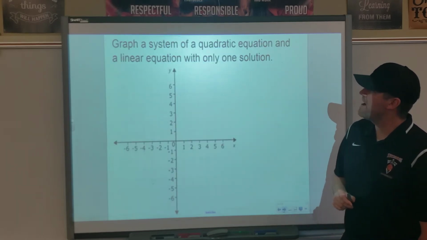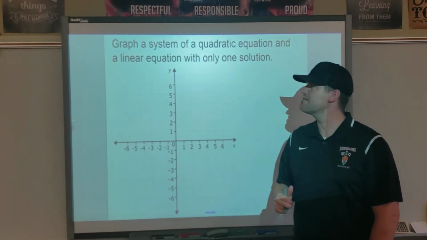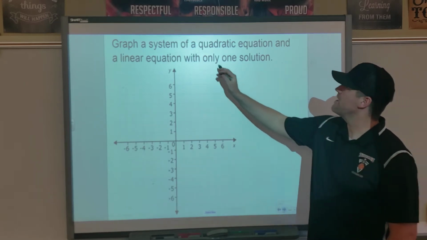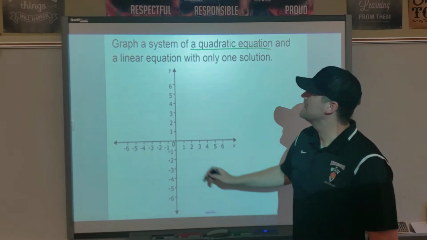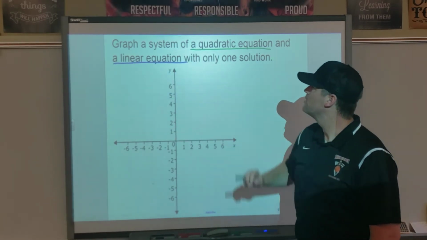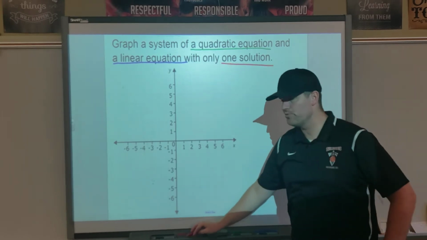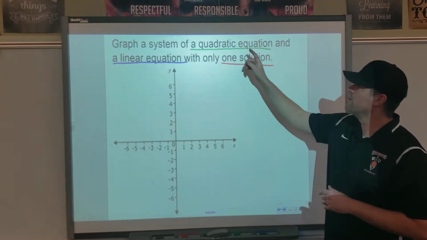We could ask you to graph a system of equations that has a certain number of solutions. So this particular example asks us to write a system of a quadratic equation and a linear equation with only one solution. So there's a couple of key vocabulary words in here. The first one is we know we have one quadratic.